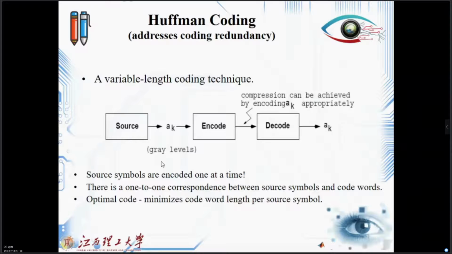Source symbols are encoded one at a time, and there is a one-to-one correspondence between source symbols and code words. An optimal code minimizes the code word length per source symbol. This is what we are searching for, an optimal coding. By this method you can do one of the redundancy coding methods, which will help you compromise.